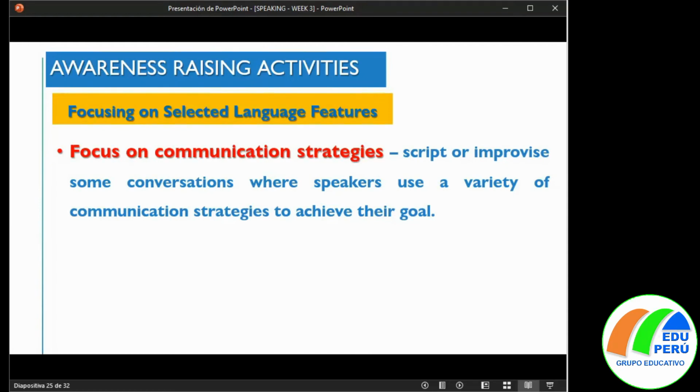Or another conversation that they use, for example, some circumlocution strategies, to describe something. For example, if you want to emphasize the relative pronouns, you could use this. Oh yeah, it's the person who discovered America. Well, historians say that, it's the person who discovered. Notice you're circumlocuting.